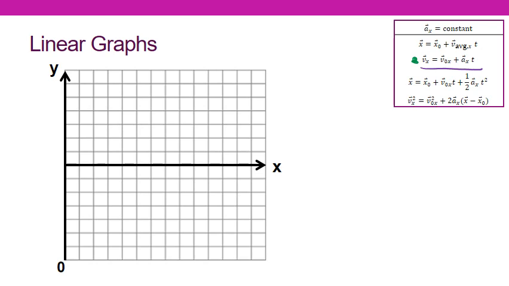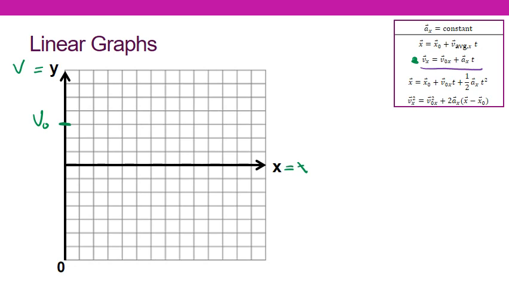Now, instead of being the position, x is still my time axis, but now y is my velocity. And so my intercept is going to be my initial velocity.